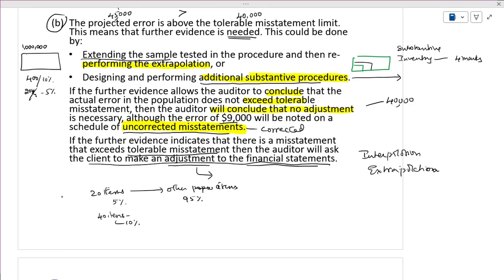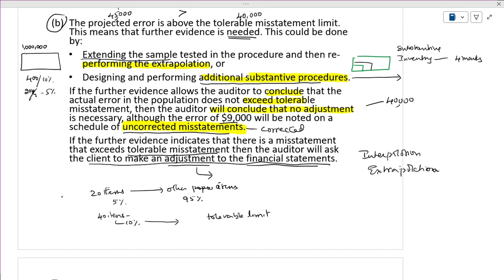You will come across for 10%. Now, when you are extending 10% and adding another 4%, you will think that it is within tolerable limit. When it is within tolerable limit, what is the conclusion? See the second point.